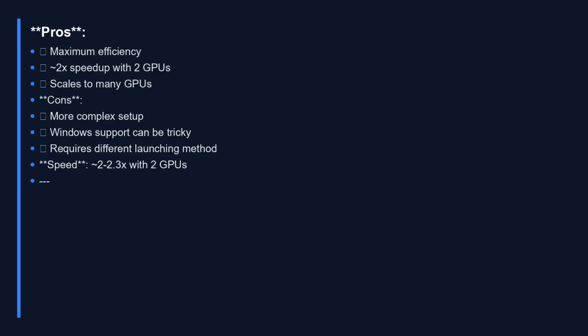The NCCL communication backend that DDP prefers was designed for Linux, and you'll need to work around it. You'll also launch your training differently. Not a single Python script, but a spawn multiprocess job. With two P40s, expect 2.0 to 2.3 times single GPU throughput when it's configured correctly.